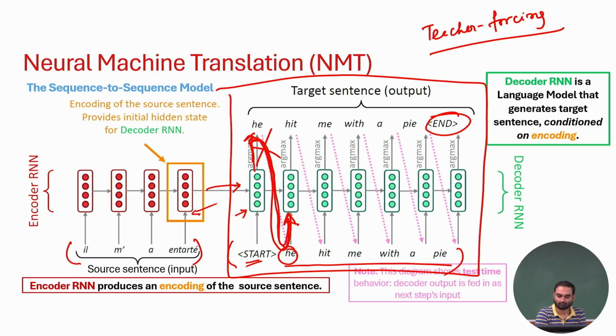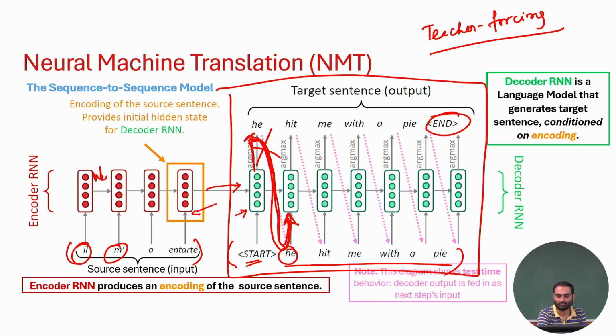And how do you train this model? During training time, how many parameters are there in this model? In the encoder model, if we ignore parameters associated with the embedding layers, and just assume that embeddings are directly given to the RNN, we have only one parameter matrix, which is, let's say, WE.